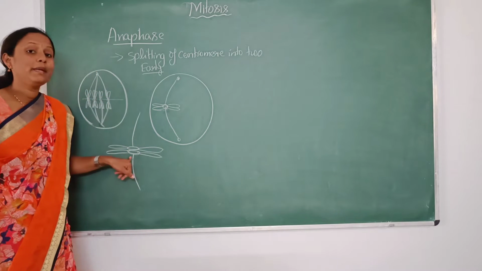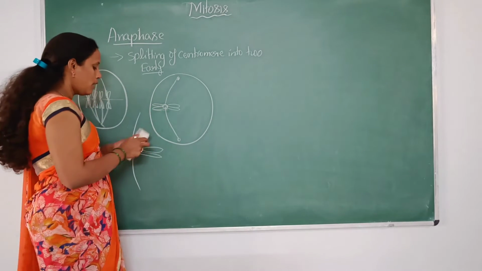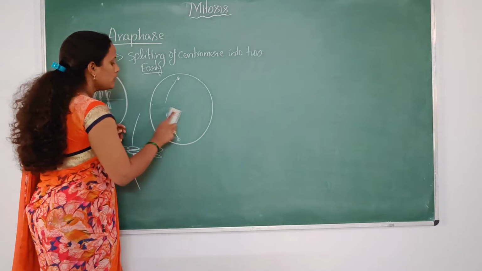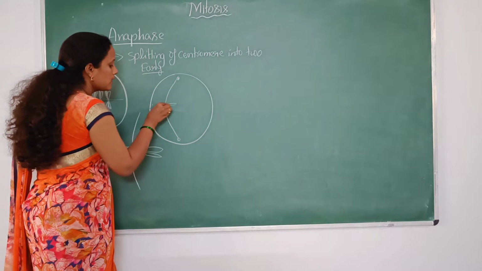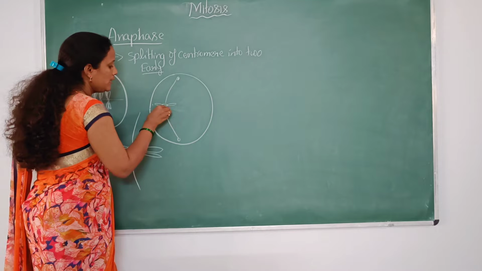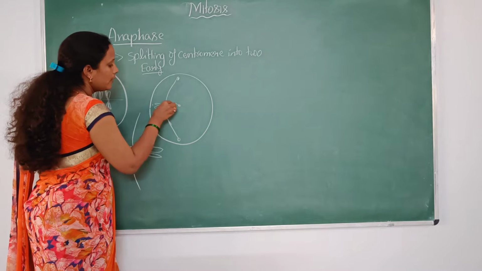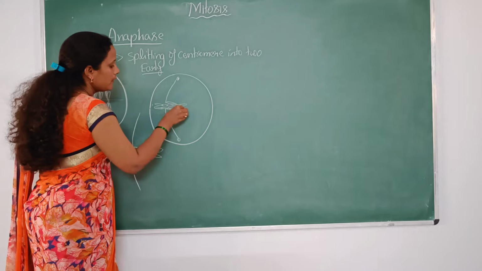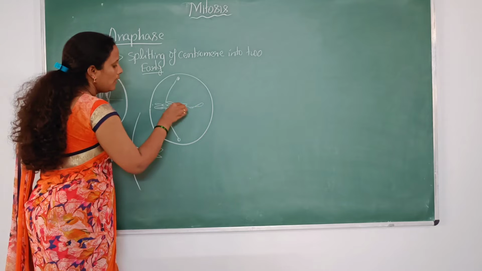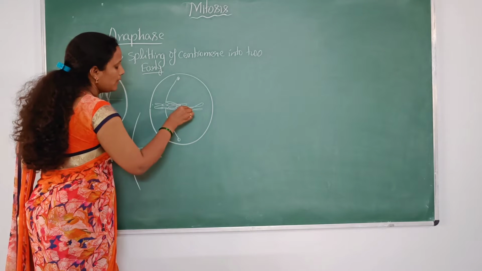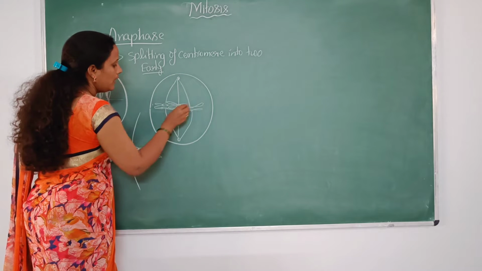So now this is the beginning of the anaphase. So we shall represent it now right here. Since we have taken 4 chromosomes, here is the first chromosome which has split its centromere, and here one more chromosome which has split its centromere, and one more has split its centromere, and another.